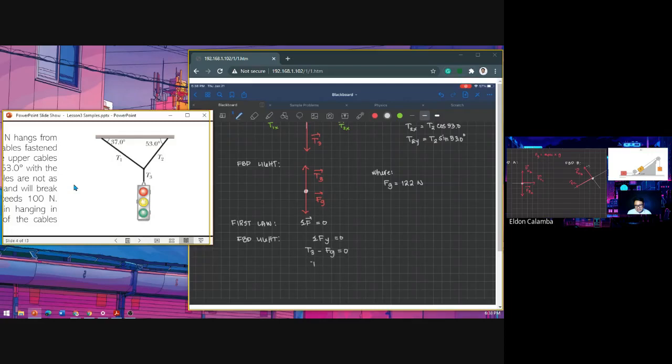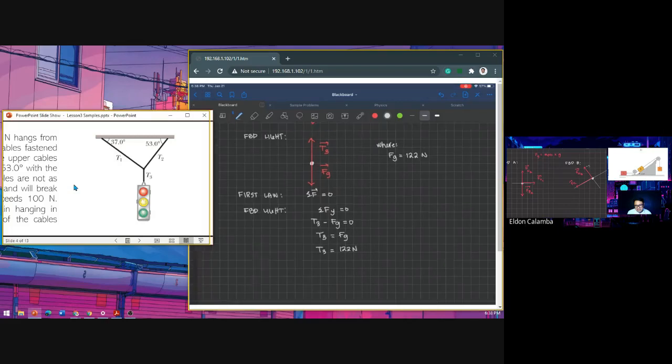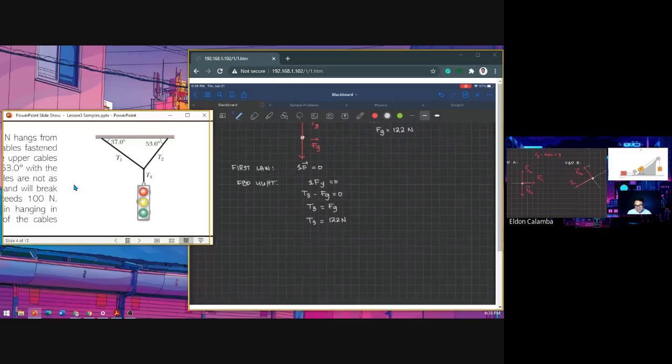So, T3 is just equal to Fg. So, meaning, the tension T3 pala is just equal to 122 Newton. So, it is telling you na, let's say for example, tinali mo yung bag mo na 5 kilos. So, 5 kilos times 9.8, tapos ihang mo siya, yung 5 kilos times 9.8, yun na siyang tension ng cable diretso. Okay? So, you have there T3 already.